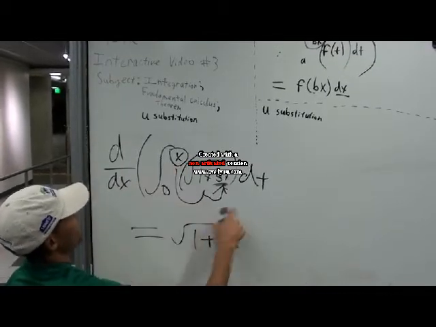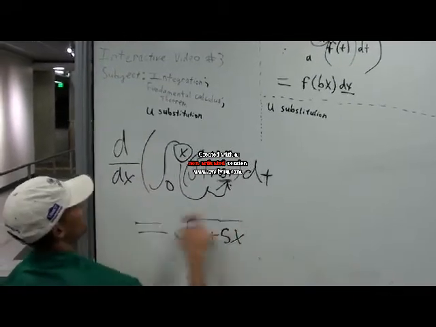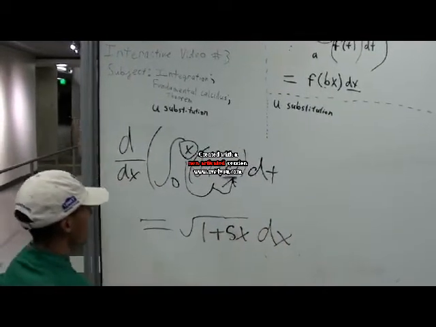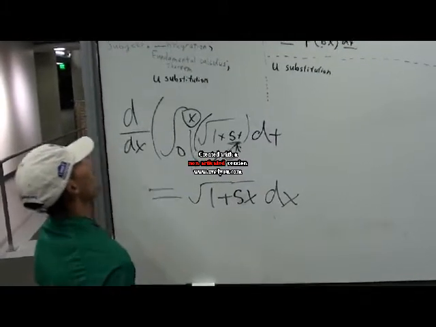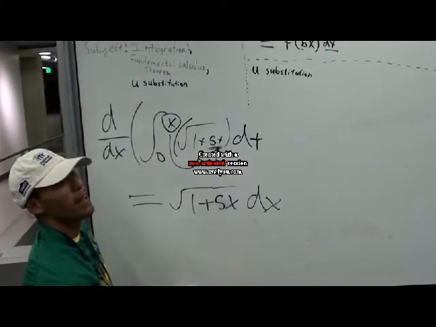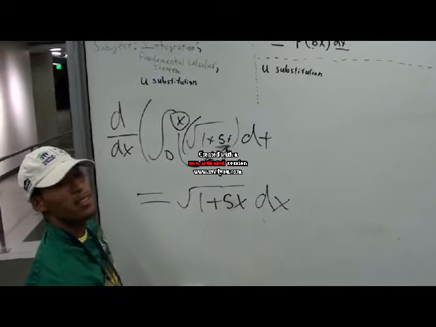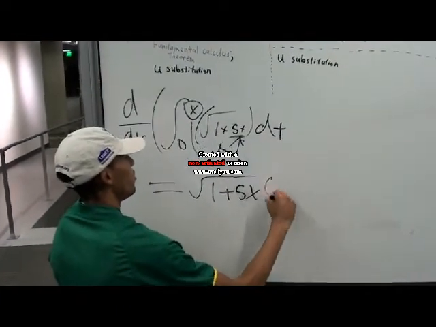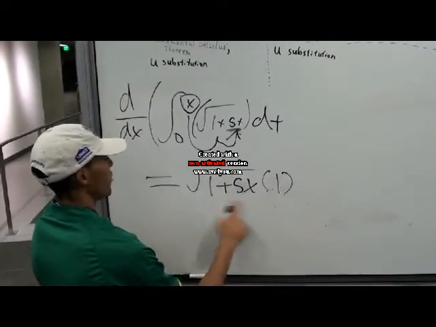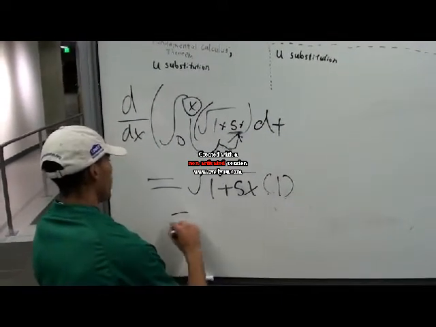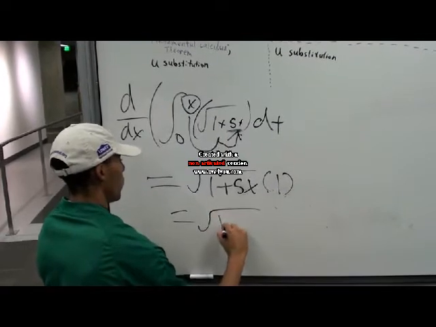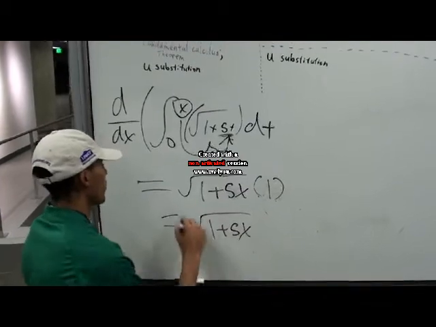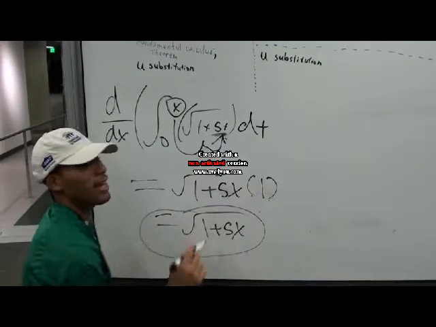And then we substitute this in, and it becomes dx. But when we think about it, what's the derivative of x? The derivative of x is just 1, so that's like saying 1 times this function, which just equals root 1 plus 5x. And that's your answer. See, it's that simple.